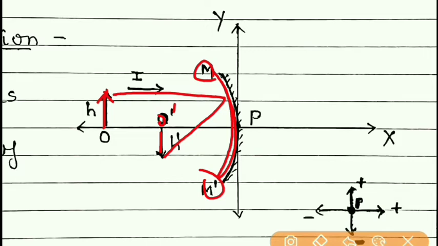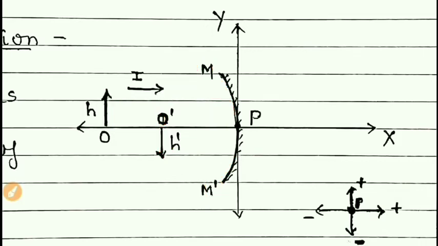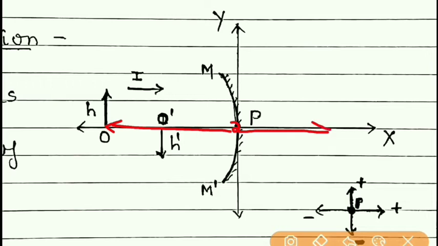Now students, about this sign convention, all the distances are measured with respect to the pole. If the distance is measured towards the left side, then those distances are taken negative, and if the distance is measured towards the right-hand side, then those distances are taken as positive.